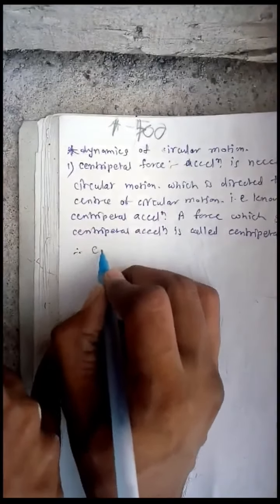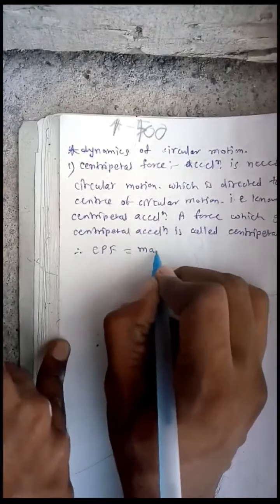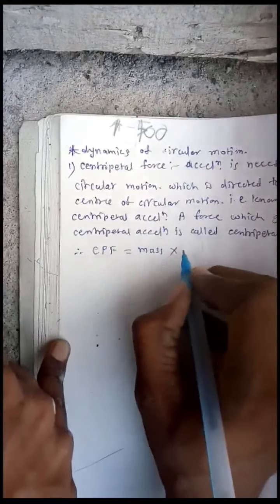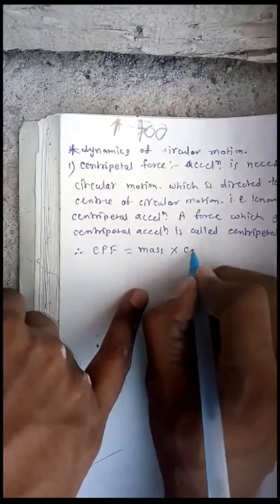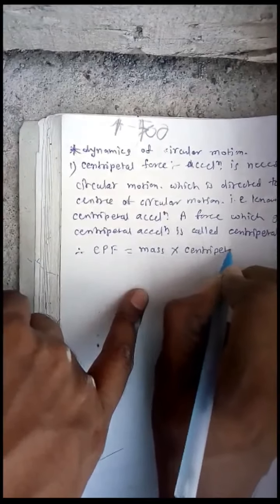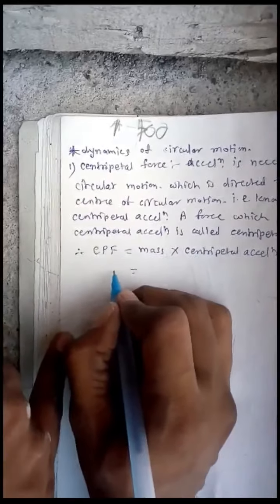Therefore, centripetal force is equal to the mass of the particle or object times the centripetal acceleration. Centripetal force is a vector quantity.